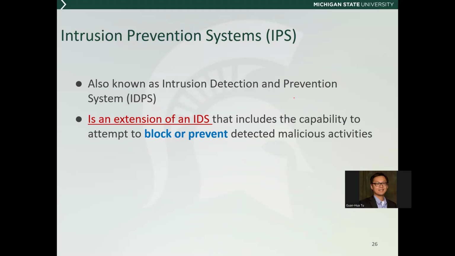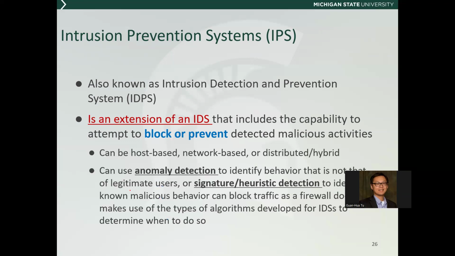What do you mean by block? Detection means once we detect malicious activity, we can send an alert to the managers, but we cannot choose to discard this packet or send a reject back to the sender, whereas IPS is allowed to do so.